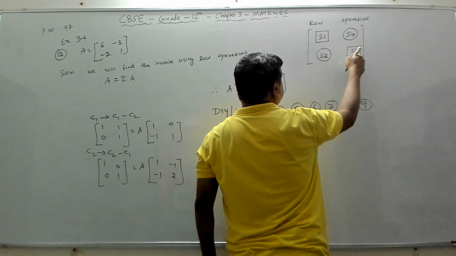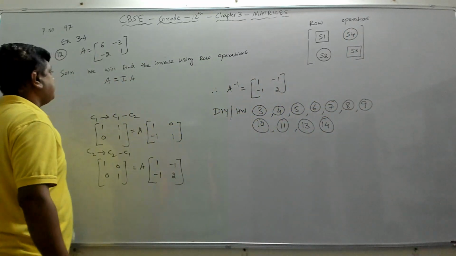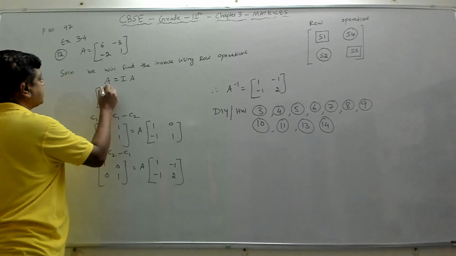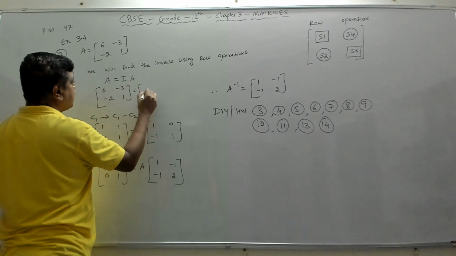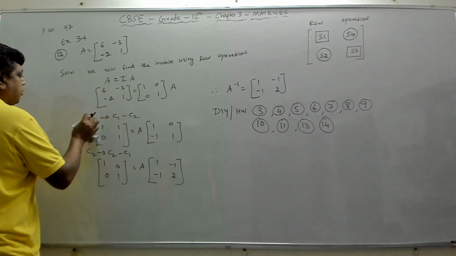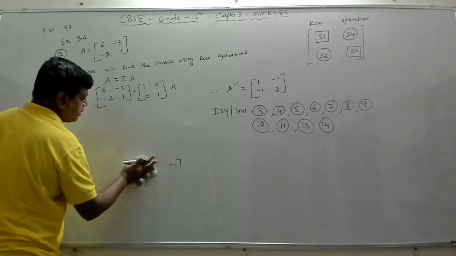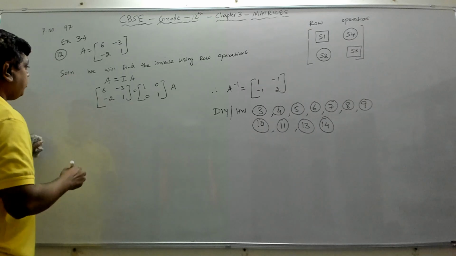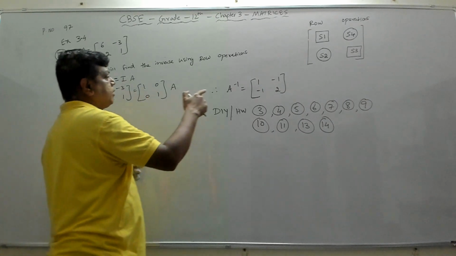Third step is this should become 1. Fourth is this should become 0. So A is 6 minus 3, minus 2, 1 equal to I, which is 1, 0, 0, 1, into A. Now we are going to apply a series of row operations to find the inverse of this matrix. Now again, we have to make this one as 1. That is the first step.